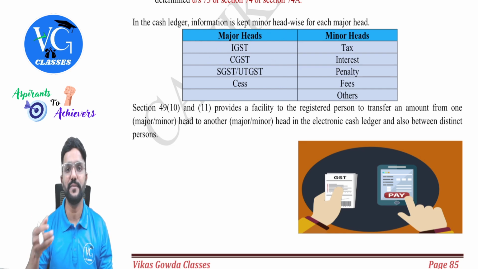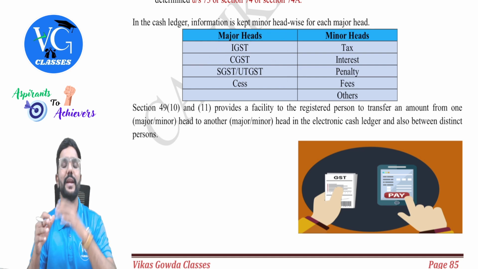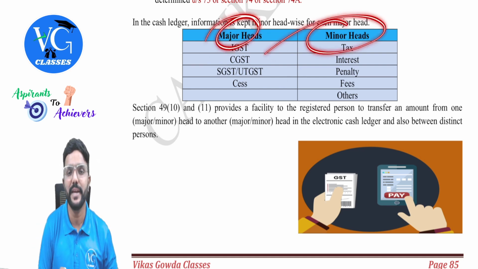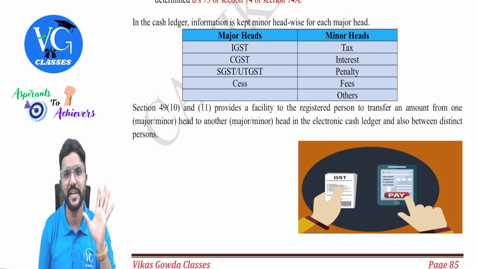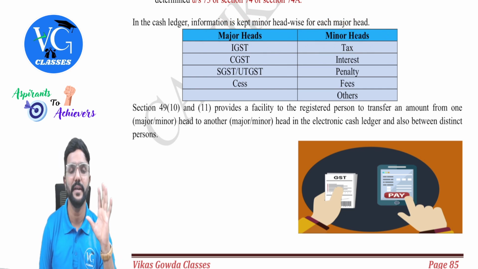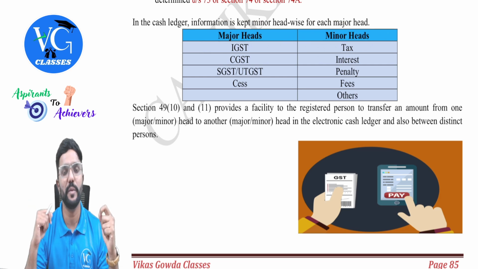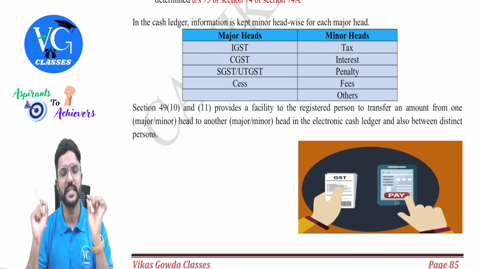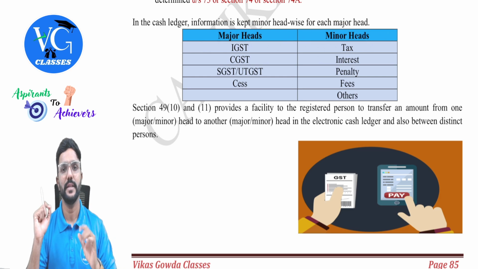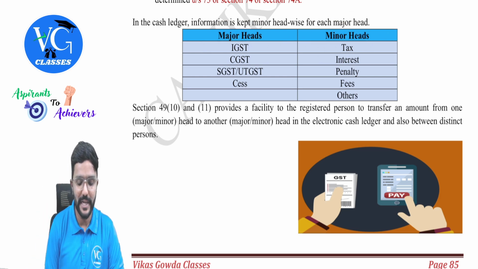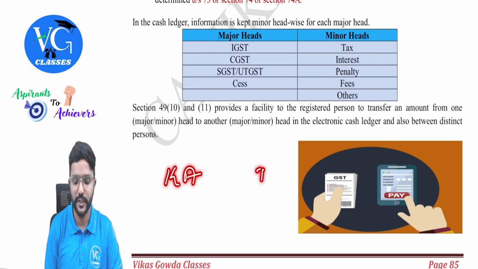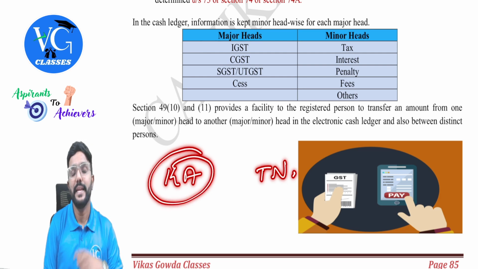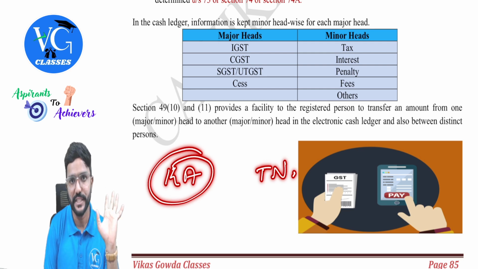And when the amount is transferred from one major head to another major head, or from one minor head to another minor head, then automatically the balances would be transferred, guys. Even if it is transferred between distinct persons, for example, assume we have transferred the balance from Karnataka registration to Tamil Nadu. So in Karnataka, in the electronic cash ledger, the amount would be debited as if it is utilized or as if it is refunded back.